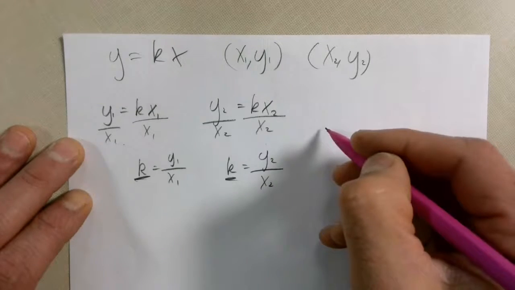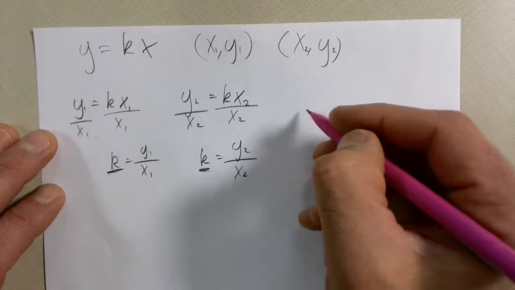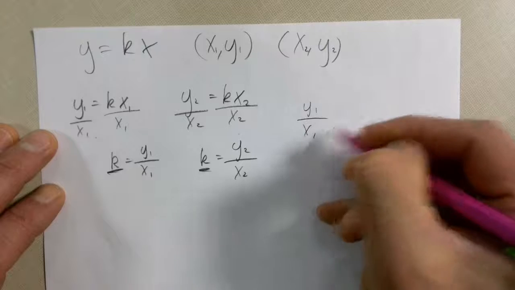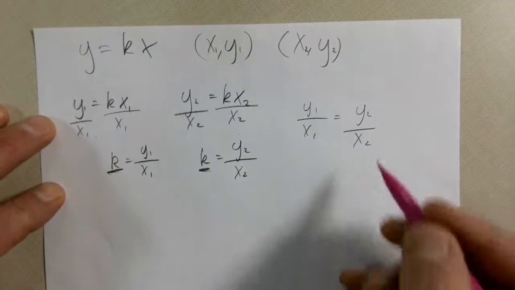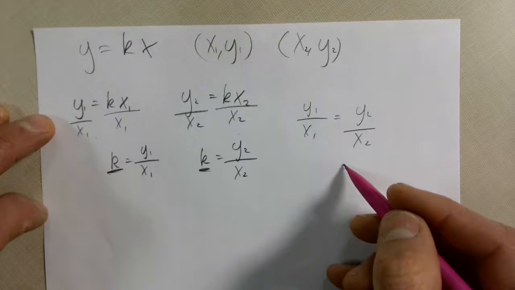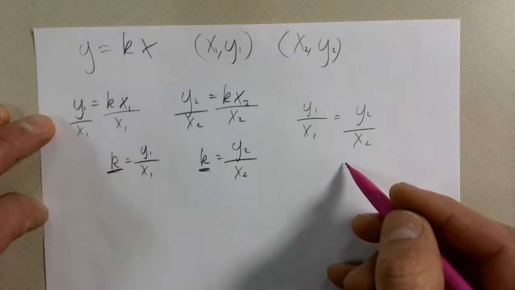So what I can now do is create a proportion. Y1 over X1 is Y2 over X2. They're the same. So you can say that these are proportional.